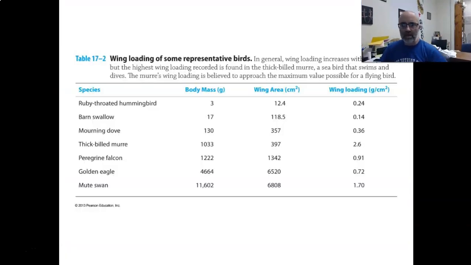Okay, wing loading is another variable that you can discuss when you're looking at birds. And this is basically talking about it's a ratio of the mass of the bird over the area of the wings. Okay, and we see that there's some of these birds, like a mute swan, very big birds, heavy birds, and again, most of the time they're spending on the water.